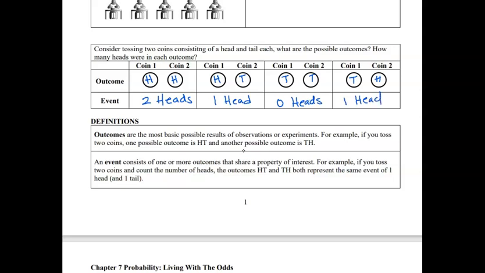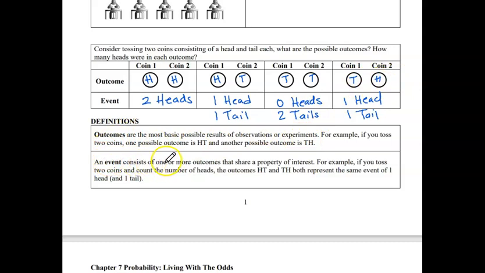Okay, and we can come down here and write 1 tail, 2 tails, and 1 tail. It says outcomes are the most basic possible results of observations or experiments. For example, if you toss 2 coins, one possible outcome is a head and a tails, which is the one we got right here. Another possible outcome is tails and heads, which is the last one that we got.